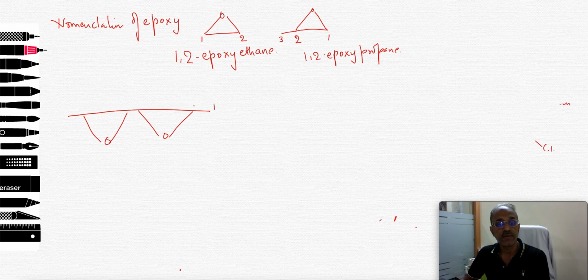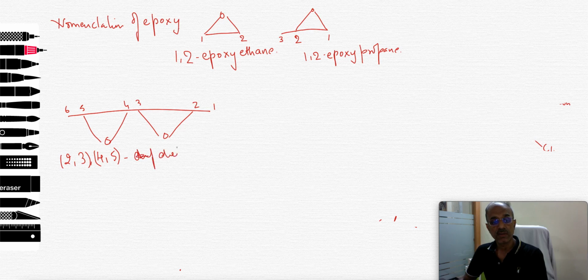Numbering will be 1, 2, 3, 4, 5 and 6. So it will be 2, 3, 4, 5. Suppose if I write like that, 2,3,4,5-diepoxyhexane.